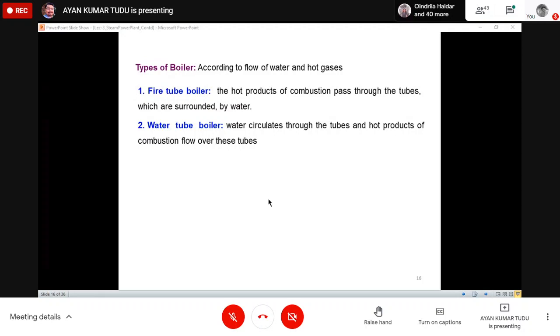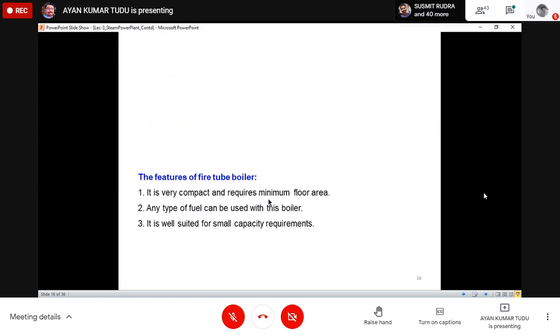Let us talk about these boilers one by one. Number one is the fire tube boiler. What are the features of a typical fire tube boiler?